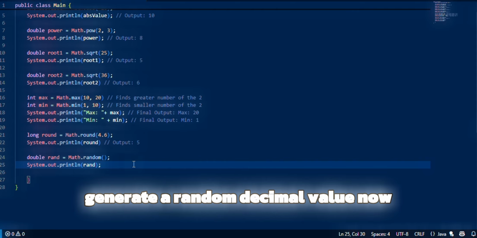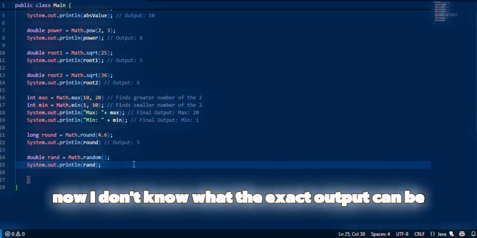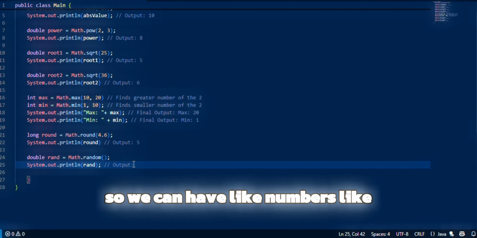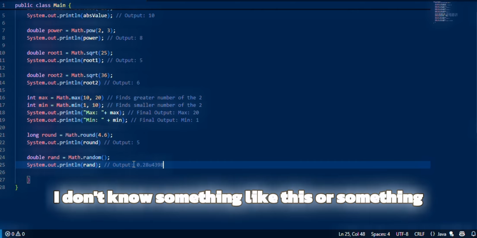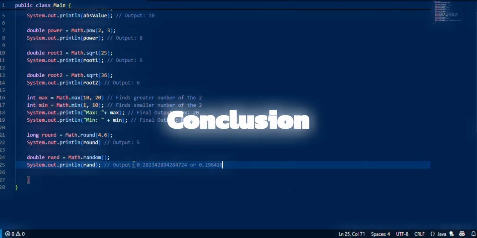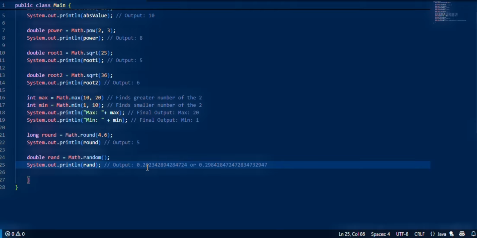This will generate a random decimal value. I don't know what the exact output will be, but it can be any decimal number you can think of.